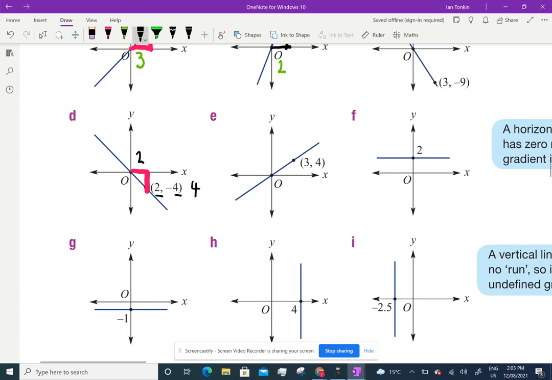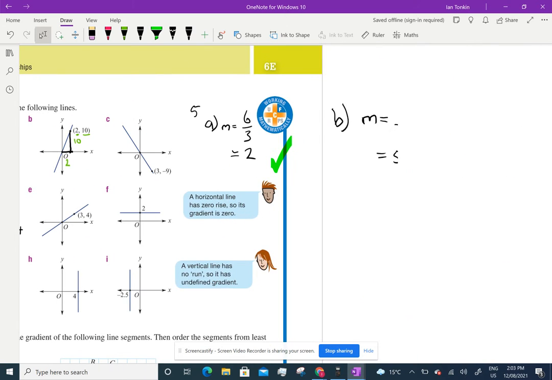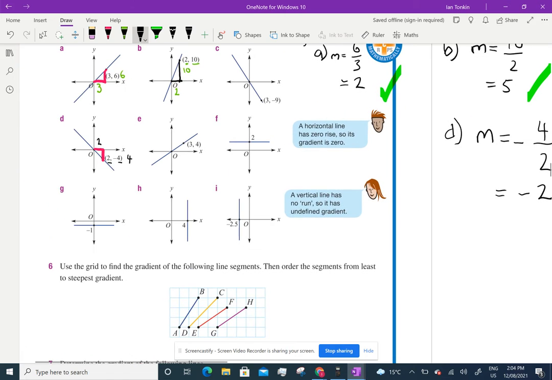I don't care about the negative. I will later on. But at the moment, this is D. The gradient, well, it was 4 down and 2 across. And it's going down, so it's negative. So that's negative 2. Use your calculator if you need to.